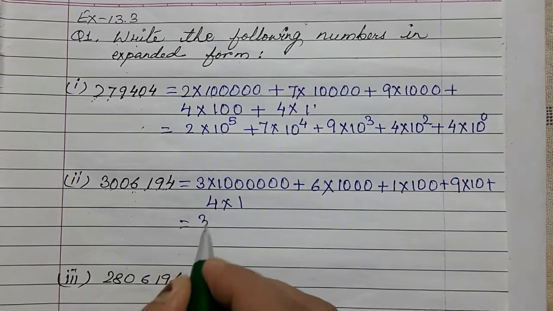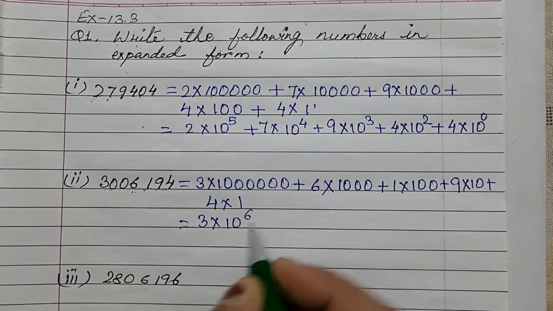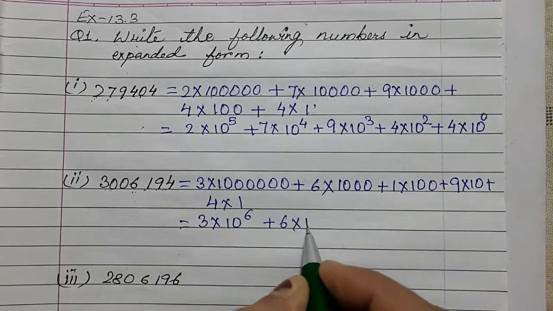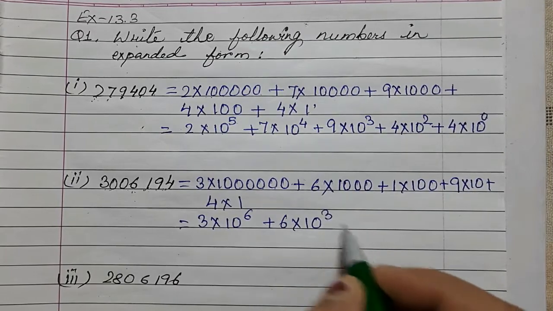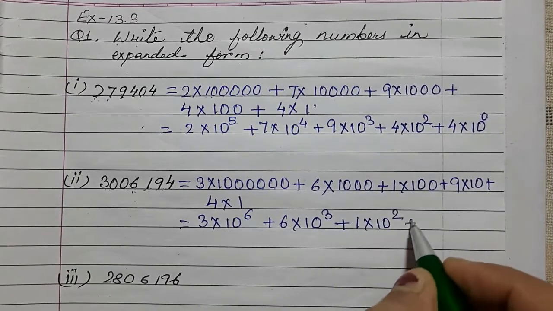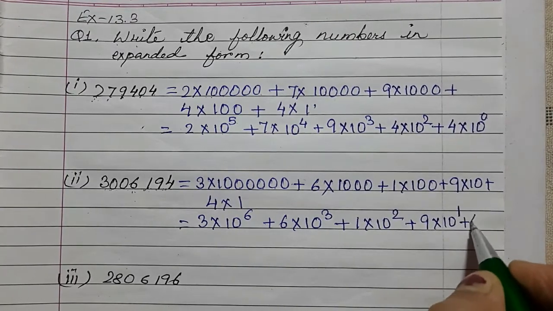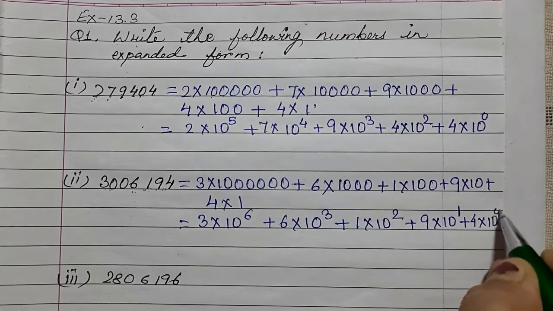Now in exponential form, it will be 3 multiply 10 to the power 6, 6 multiply 10 to the power 3, 1 multiply 10 to the power 2, 9 multiply 10 to the power 1, and 4 multiply 10 to the power 0.